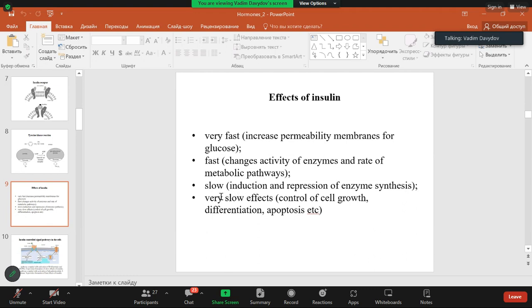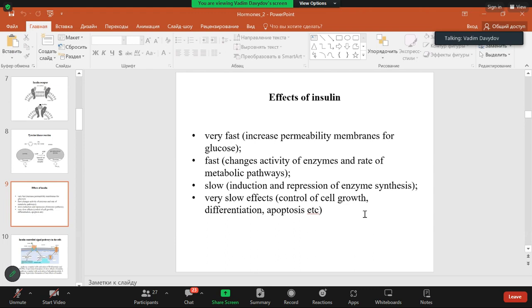The next kind of effect, the slow effect of insulin, appears usually in some hours after formation of the insulin receptor complex, and that kind of effect is coupled with induction or repression of enzymes in the target cell.